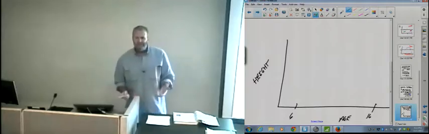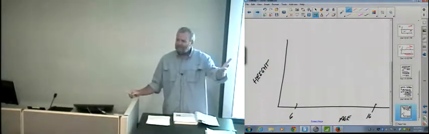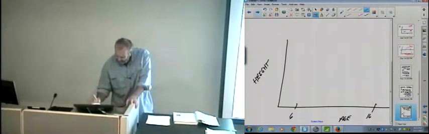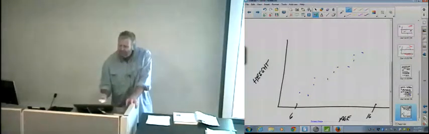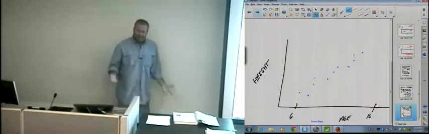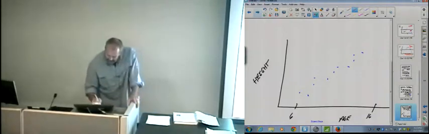Now, you do understand as the kids get older, they get taller, right? So I should be seeing a positive relationship. I should be seeing something that looks like this, in general. When we fit the line to the data, we're going to see a regression line that looks like this.